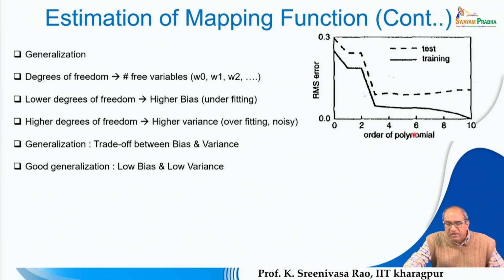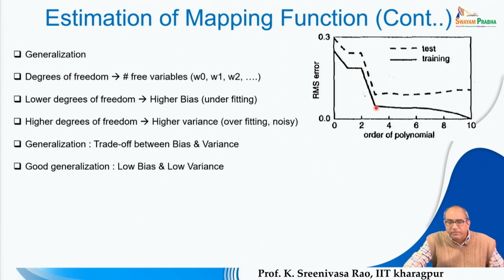So here, if you look at this particular diagram, the RMS error has been plotted with respect to the order of the polynomial. This solid line is the error offered for the given training data. The error reduces as you increase the order of the polynomial, right. From the linear function, then the quadratic function, then the cubic function, the error comes down.